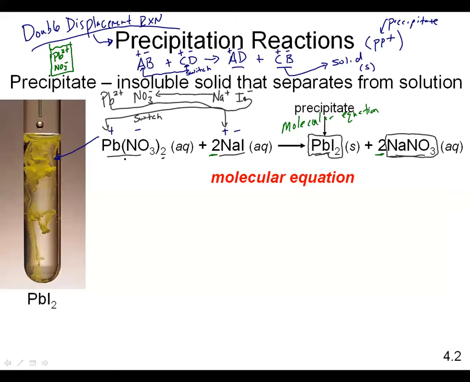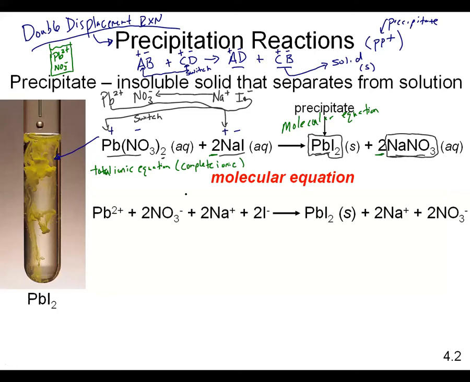So there is another equation that you could write for this type of reaction that will describe what is truly happening in the solution. And this equation is what is known as the total ionic equation, or some people will call it the complete ionic equation. And that one looks something like this.